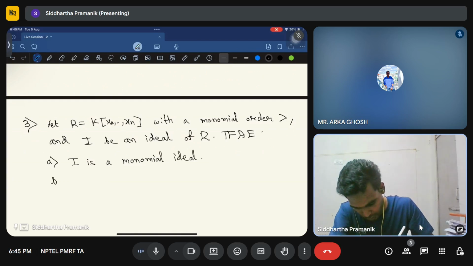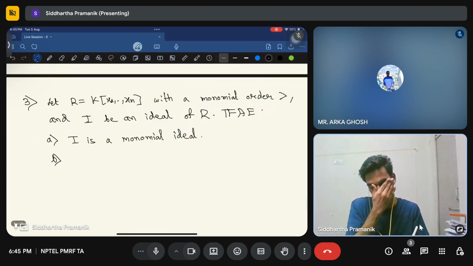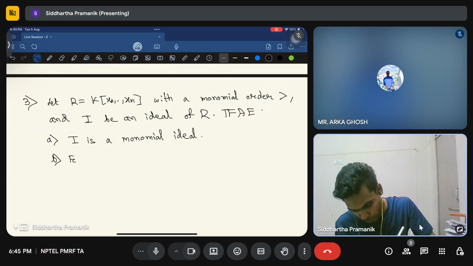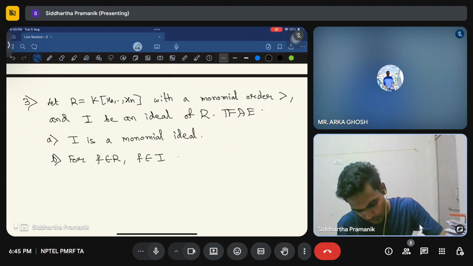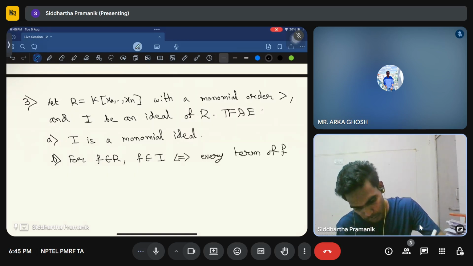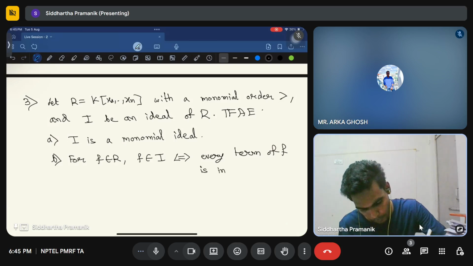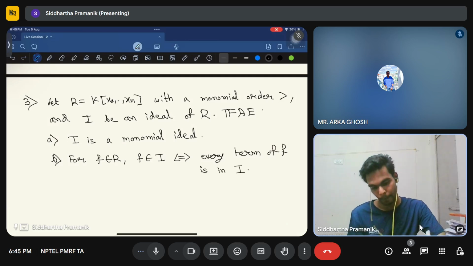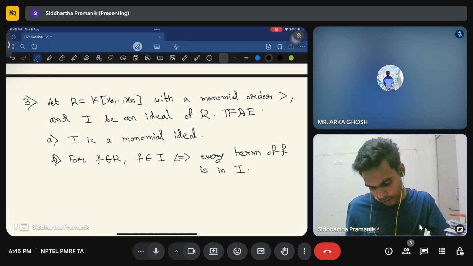And the second one is, for any polynomial f in R, f belongs to I if and only if every term of f is in I. So this is an equivalent condition for checking whether an ideal is a monomial ideal or not.